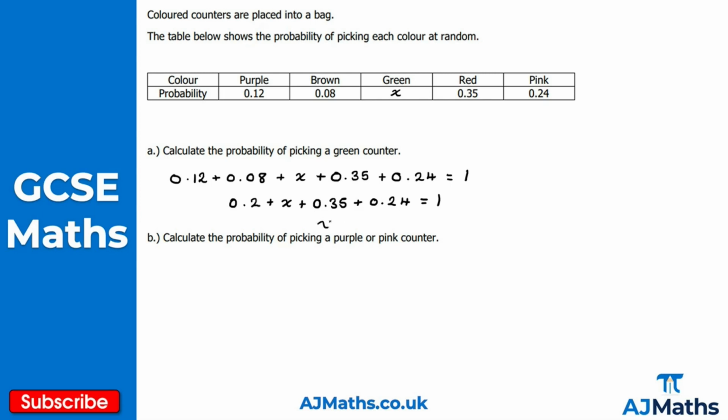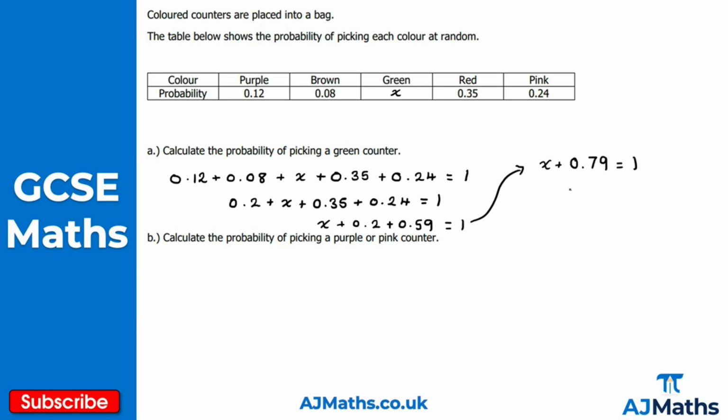So I get x plus 0.2 plus 0.59, and that's all equal to 1. So we're nearly there now. I'm doing this in quite a drawn out method. You can obviously skip to just working this out straight away, I'm just making it all clear. Then add 0.2 and 0.59 together, so I get x plus 0.79 is equal to 1.